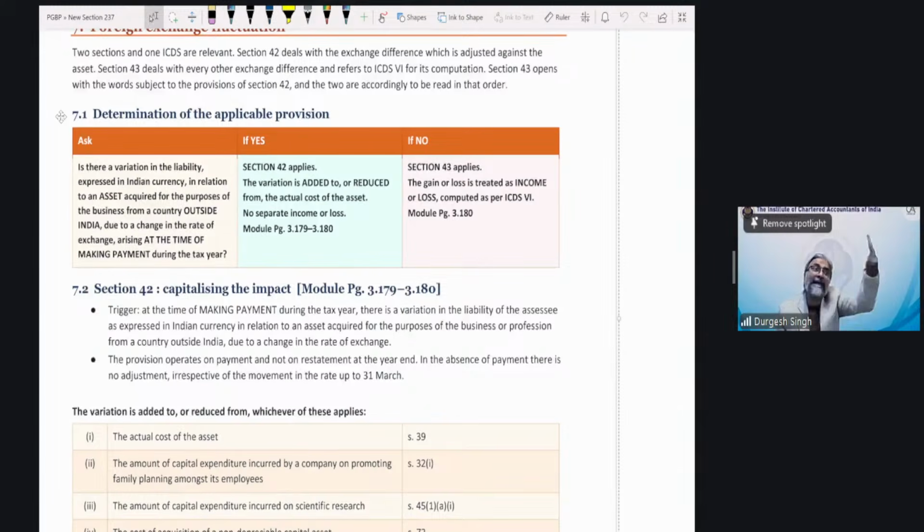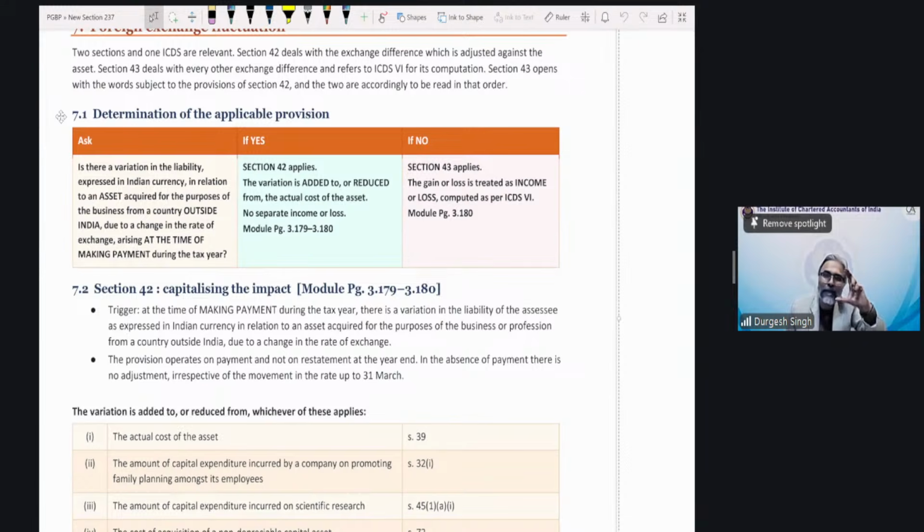Fine. Say next year I make the payment to the vendor. Now I have a spot rate, the original rate at which the asset entered into the block, and I have got a settlement rate. There's a difference in the exchange rate between the two dates.